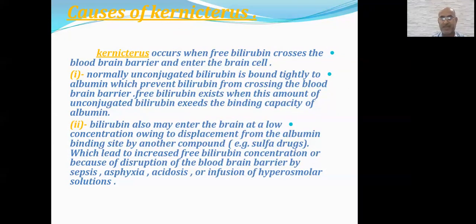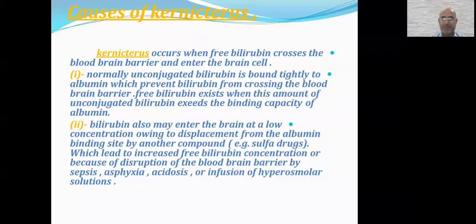As we said in the simple explanation of bilirubin metabolism, bilirubin first should be converted in the liver by the transferase enzyme and should be bound to the albumin, to the protein. Each molecule of the albumin has its receptor for a certain amount of bilirubin.